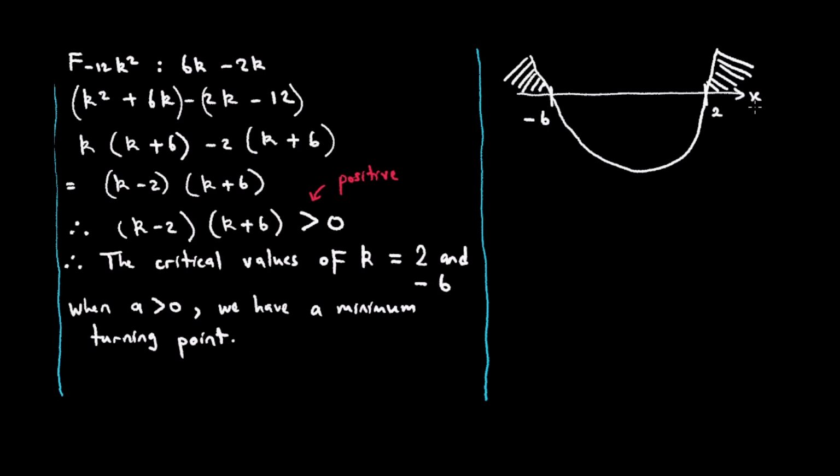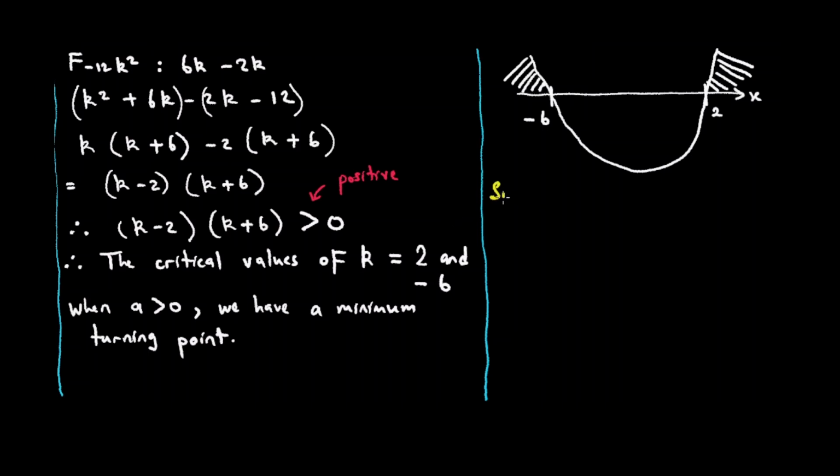Since the region that satisfies the inequality k squared plus 4k minus 12 is greater than 0 is positive, we shade the area above the x-axis. This area must be bound by the x-axis and the curve. Okay, saka let me write this statement down. Mogona kurida in your notes.